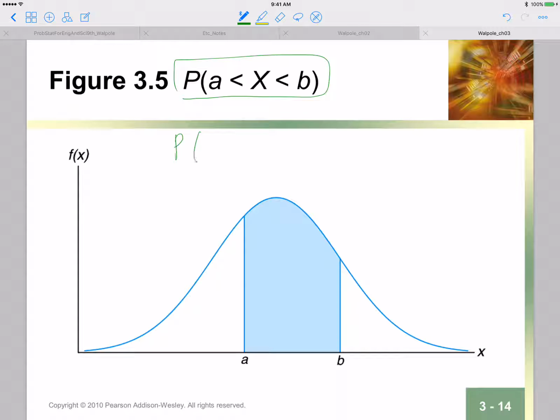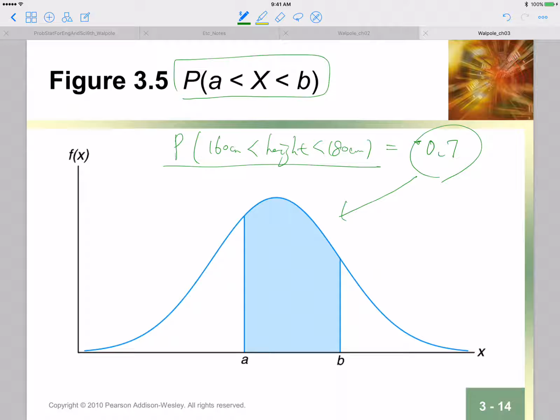For example, 160 centimeter in height and 180 centimeter, and then this probability is now a non-zero value. For example, it could be 0.7. So this is actually the probability, and that probability is computed as the integral of the area of this function, of the probability density function.